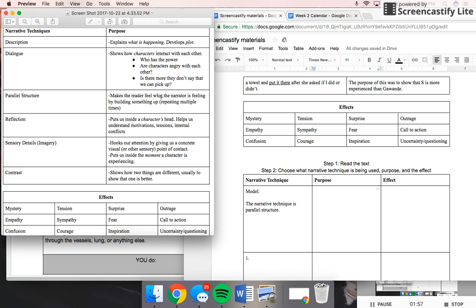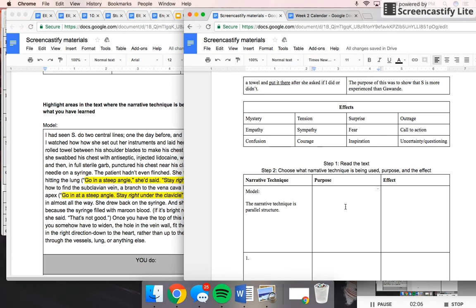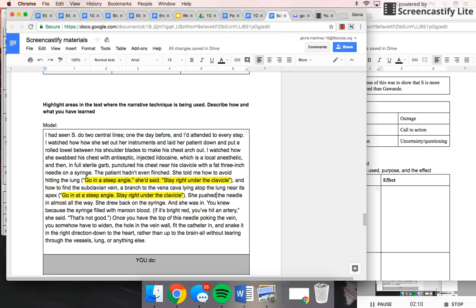It says, makes the reader feel what the narrator is feeling. He's building up to something. What is he building up to here? What is he, Gawande, doing? So for me, he keeps telling me he's trying to remember what S kept saying. He's trying to remember what S was coaching him through, right? He said it twice.